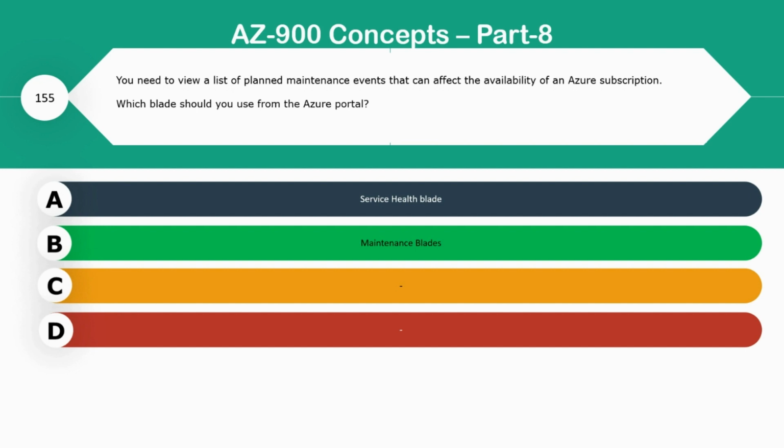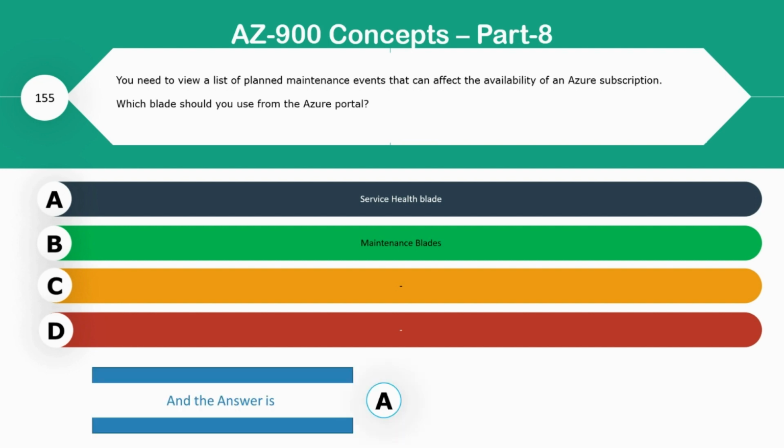Next question, you need to view a list of planned maintenance events that can affect the availability of your Azure subscription. Which blade should you use from the Azure portal? There are two blades, or options. One is the Service Health blade and another option given is the Maintenance blade. The right answer for this question is option B. The reason is there is no Maintenance blade as such in the Azure portal.